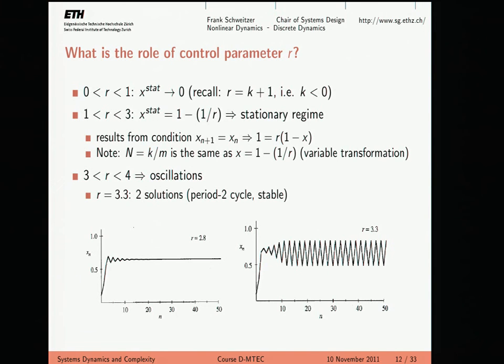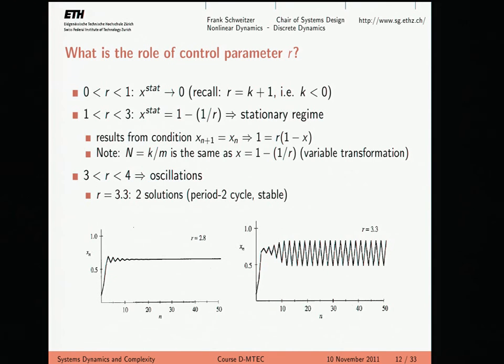Because the system will always stay at this stationary state forever unless you shock it somehow. But x_{n+1} is also calculated by our recurrence equation, r times x_n times 1 minus x_n.